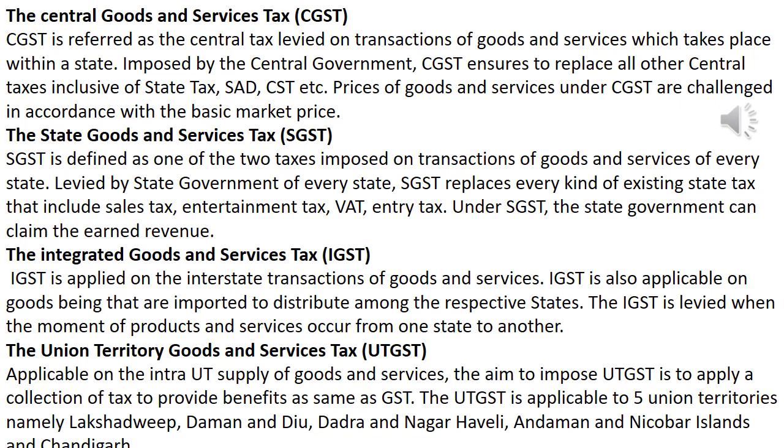This tax is levied on transactions of goods and services which take place within the state. It is imposed by the central government, and CGST replaces all other central taxes, inclusive of state tax, special additional duty, and central sales tax. Prices of goods and services under CGST are charged in accordance with the basic market price.